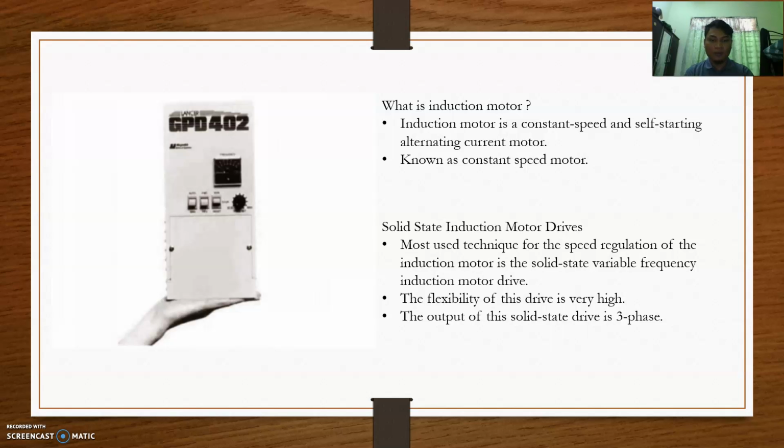It can also connect with a system that has frequency of either 50 or 60 Hz. And it can also operate on a voltage range from 208 to 230 volts. The output of this solid-state drive is three-phase and its frequency can be changed from 0 to 120 Hz, and its output voltage can be 0 to the rated voltage of the motor.